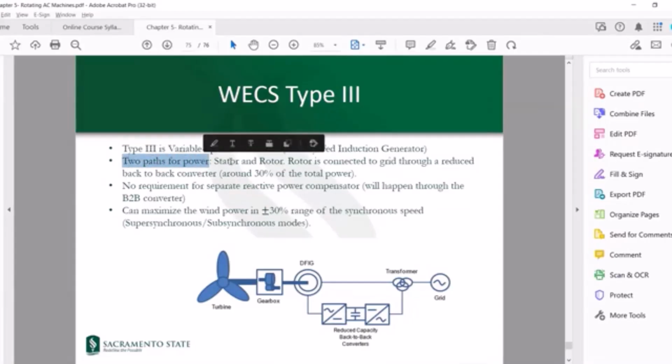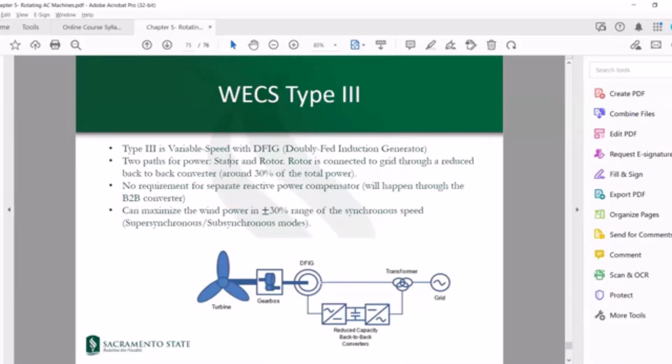There are 2 paths for power, stator and rotor. The rotor is connected to the grid through a reduced back-to-back converter. So this is the rotor winding connected to a back-to-back converter. It converts AC power to DC and then DC power again to AC, connects it to the transformer and to the grid, which gives us more flexibility, going to almost plus minus 30% range of the synchronous speed.